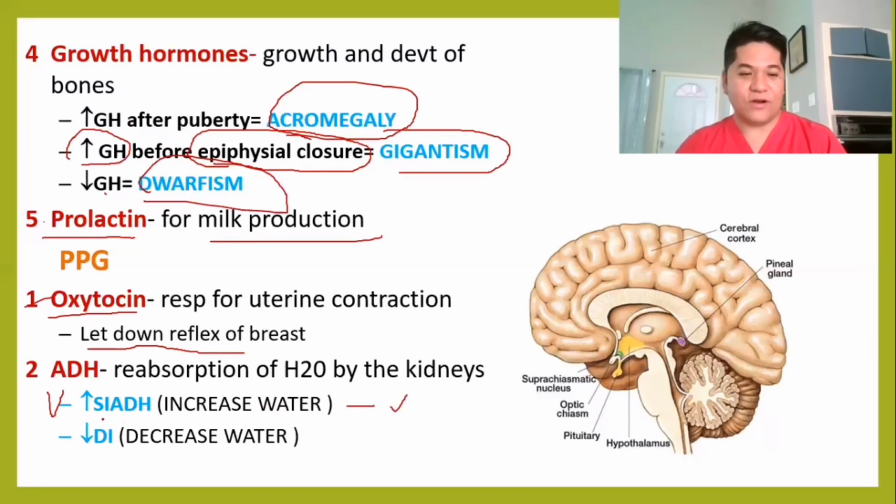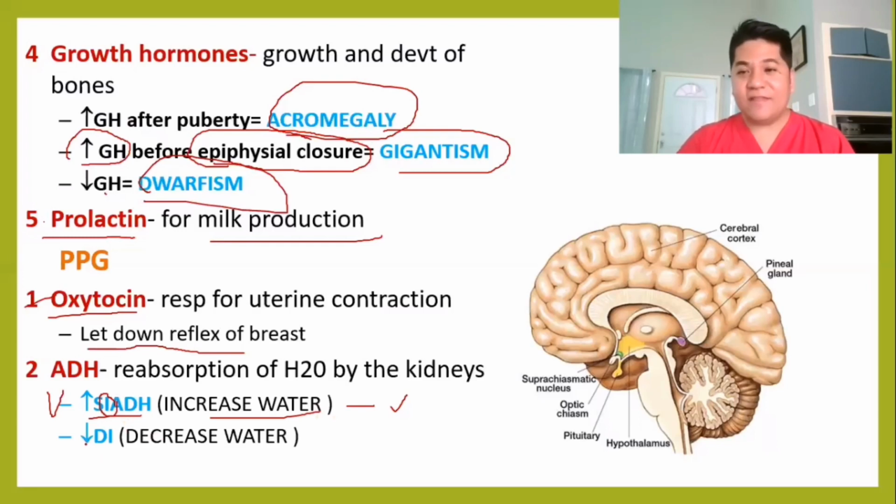Remember that for SIADH, the I stands for increase, thereby increasing water reabsorption. If too much, it would lead to a problem such as edema, therefore it would increase the blood pressure.